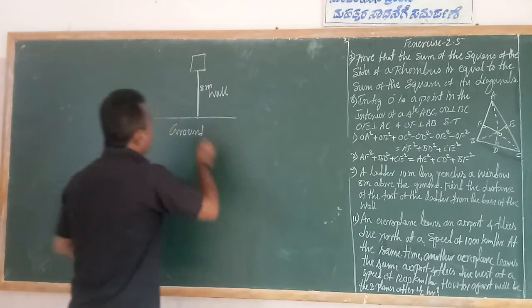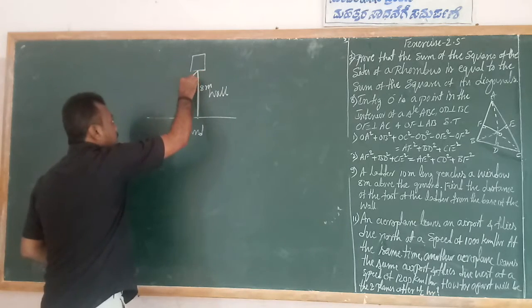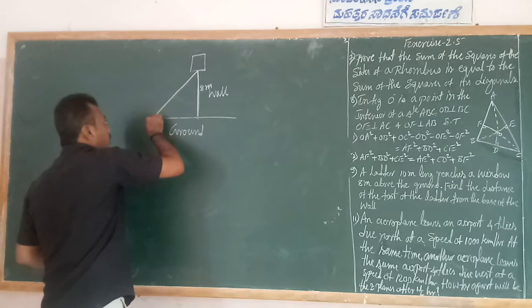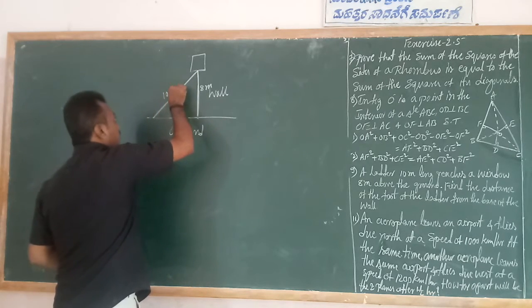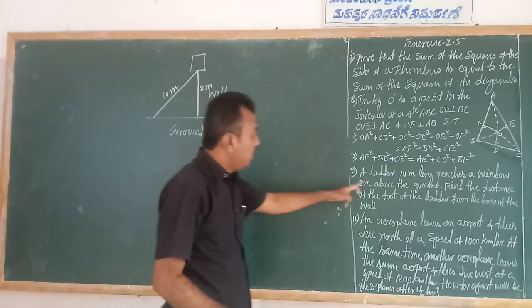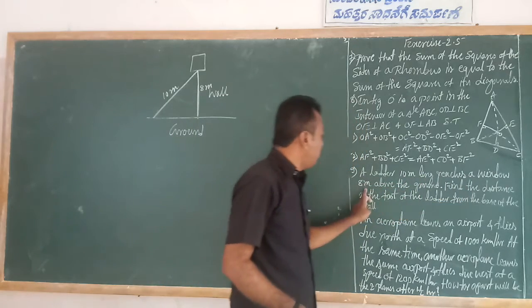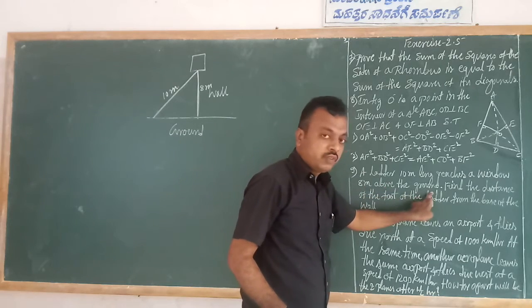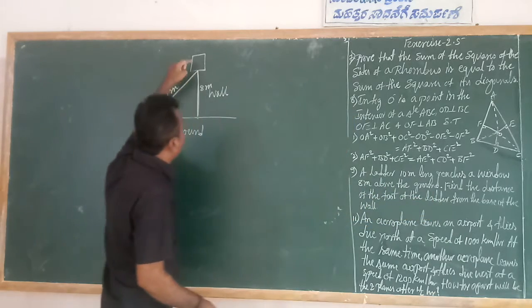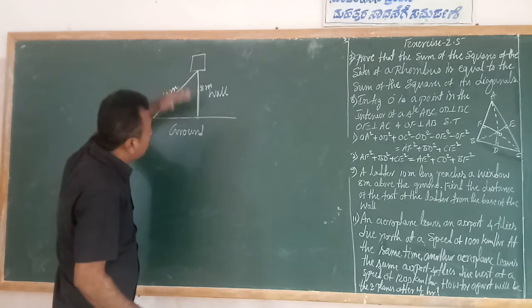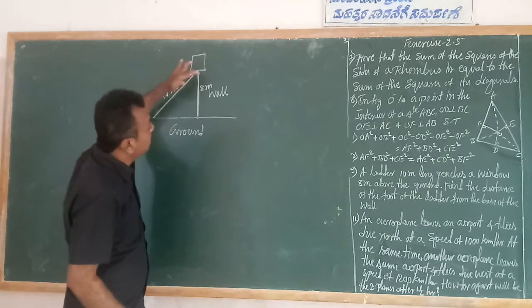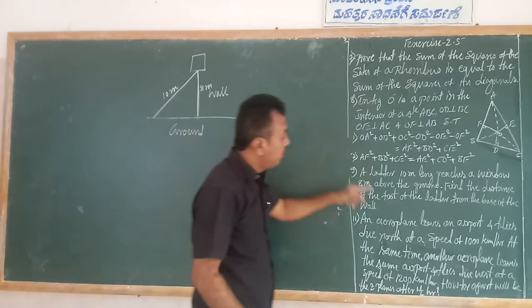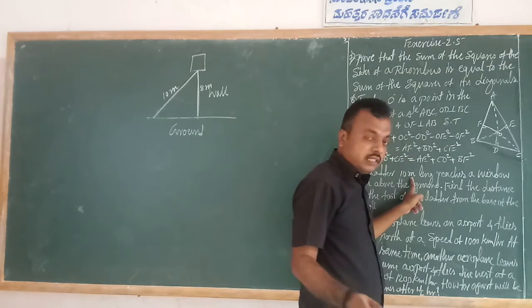And this ladder reaches the window from the ground. How much is it? 10 meter long. Understand? The window is 8 meter above the ground. So the ladder length is 10 meter.